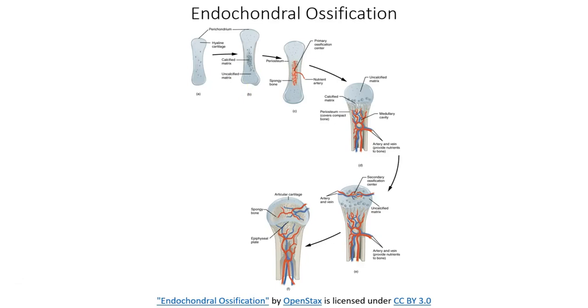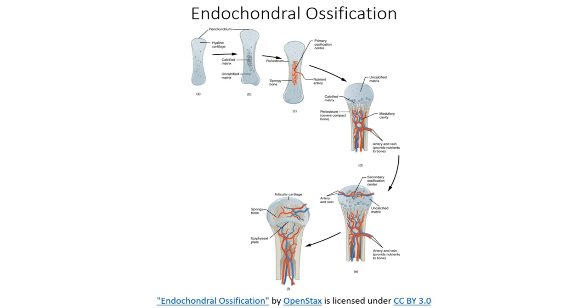So that matrix that we are using that cartilage as a basis for, we're slowly going to start adding that calcium mineral to it, and it's going to start hardening that tissue slowly over time, which means that the nutrients that were previously getting into those chondrocytes, the cartilage cells, are not going to be able to get in anymore.